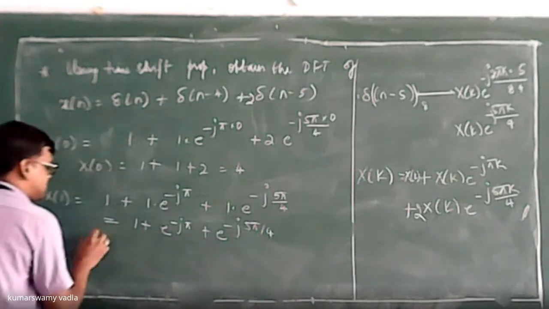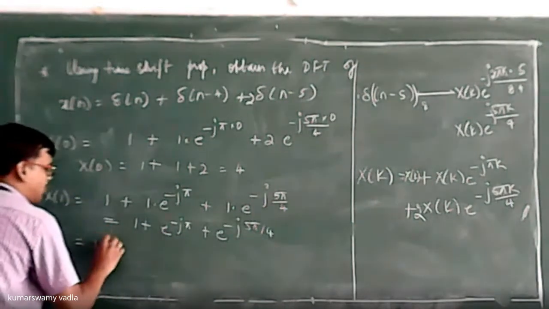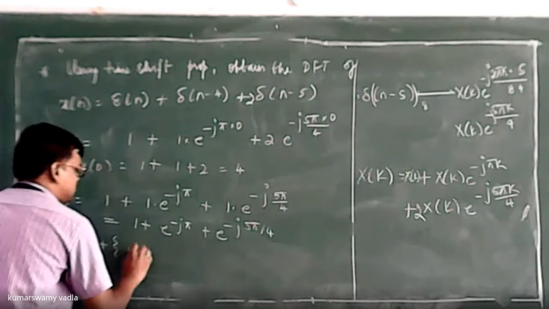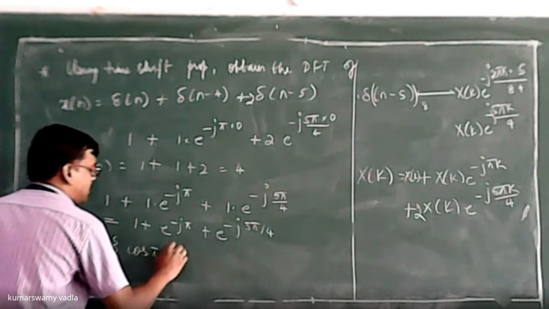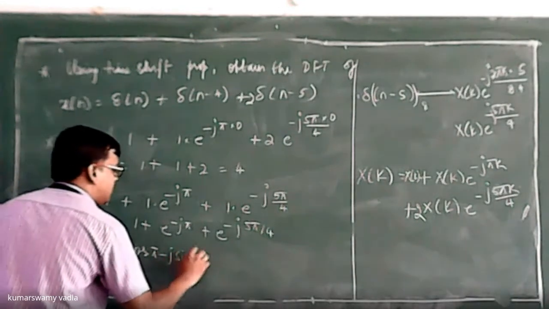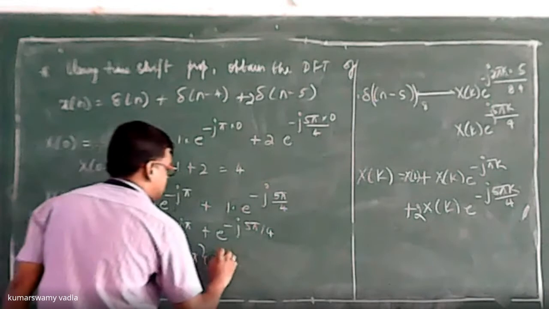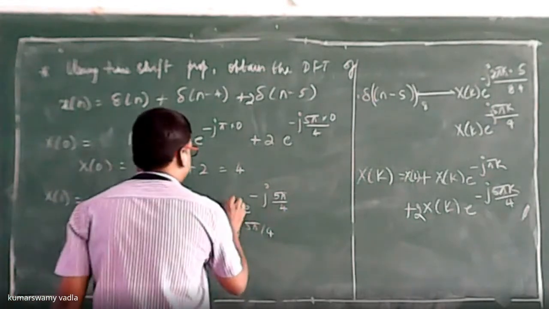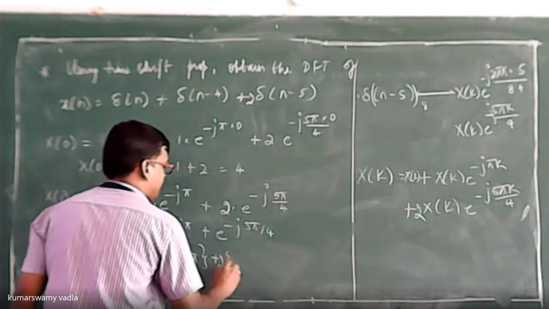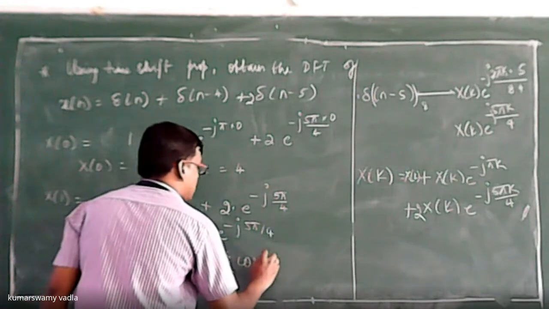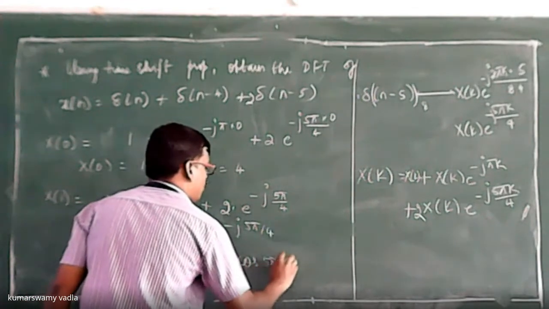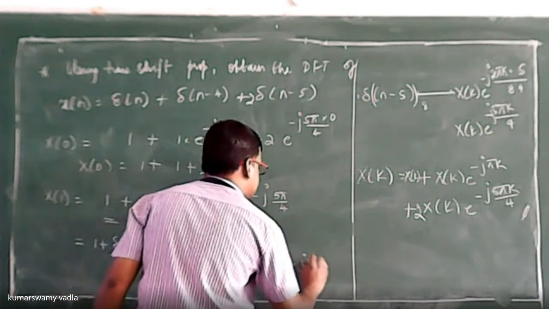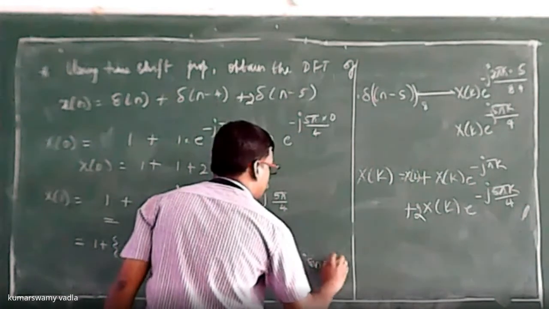Please answer this one now. I want the simplification: cos pi minus j sin pi, plus 2 into cos pi by 4 minus j sin pi by 4.